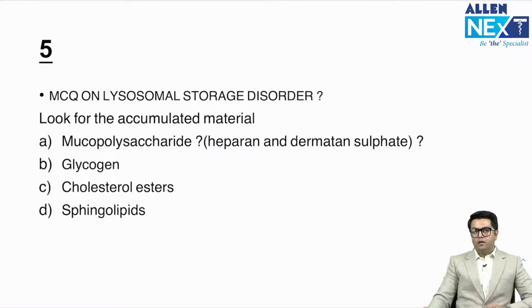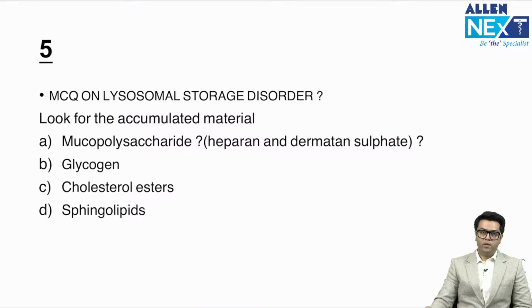Okay. Now the next point is that MCQ. If you see any MCQ in which they have mentioned that the lysosomes are engorged with a particular material, that is a case of lysosomal storage disease, which nowadays are very common questions in exams. In lysosomal storage disorders, we have to look for the accumulated material in the lysosomes.